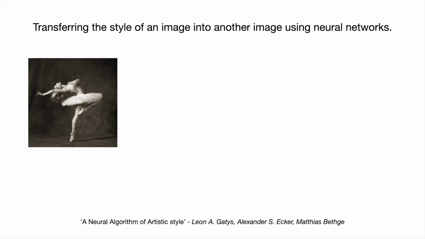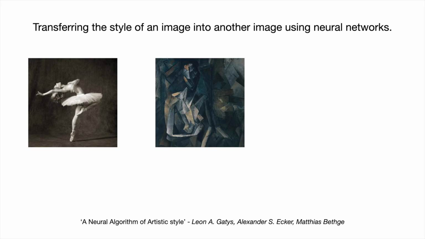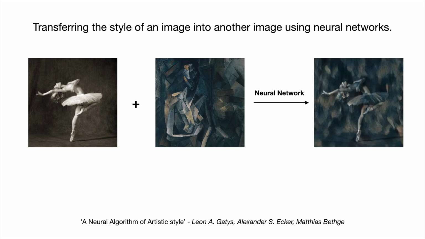For example, we have an image here, a dancing woman, and we have another image here, a painting from Picasso. Now, what neural style transfer does is to extract the content from this dancing woman image and the style from this painting, and then combine them to get a reconstructed image showing this dancing woman in the style of this painting.